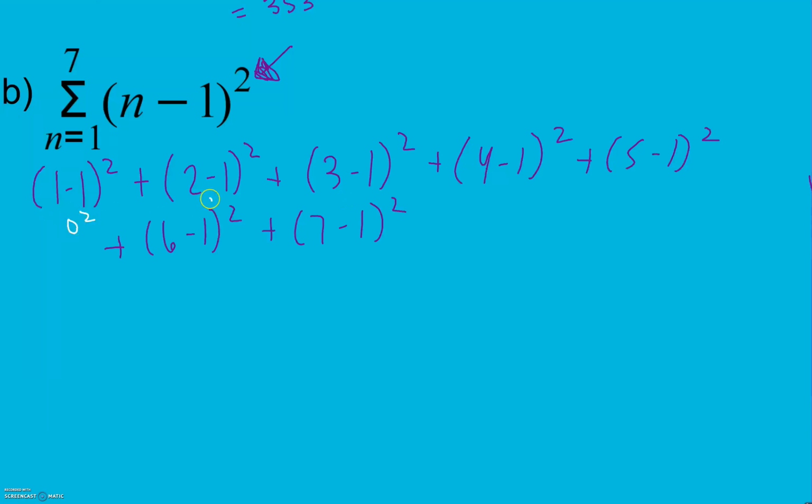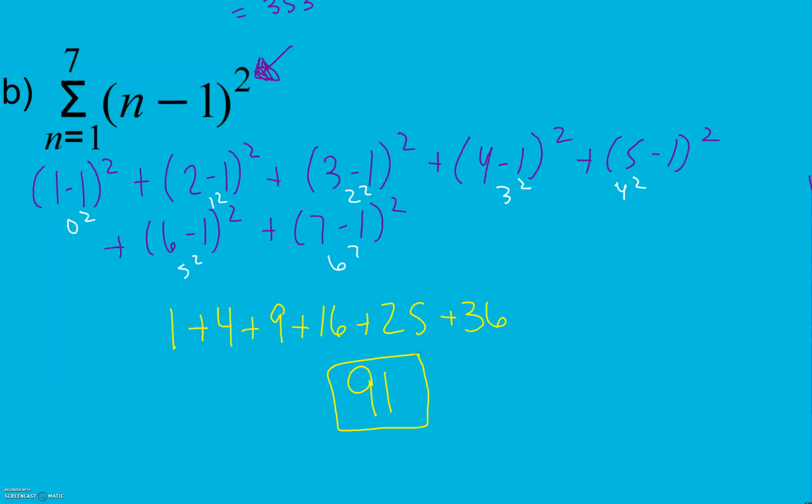I get 0 squared, 1 squared, 2 squared, 3 squared, 4 squared, 5 squared, and 6 squared. 0 squared is 0, 1 squared is 1, 2 squared is 4, 3 squared is 9, 4 squared is 16, 5 squared is 25, and 6 squared is 36. I go ahead and add these up. And I get 91. I'm going to have to finish the last part of this example on the next video.